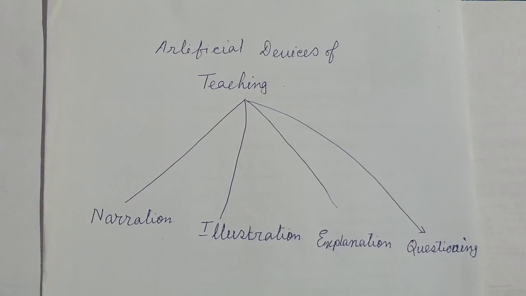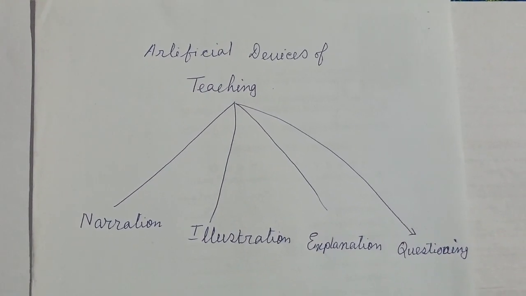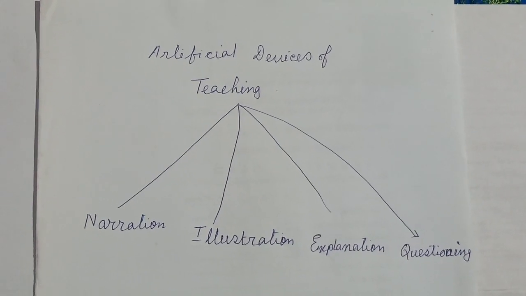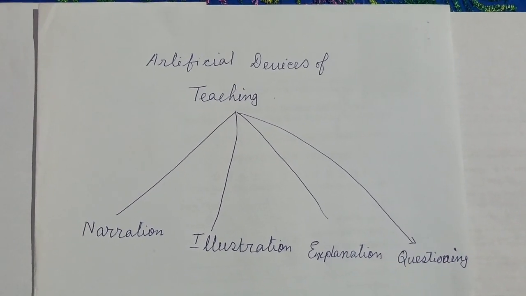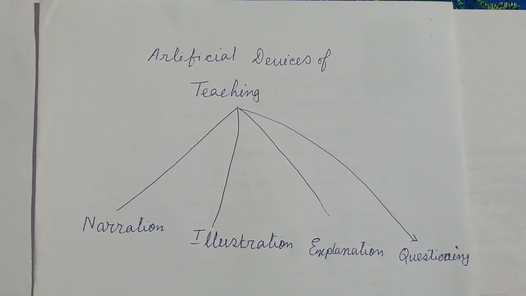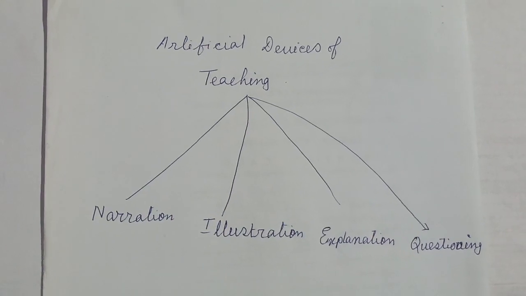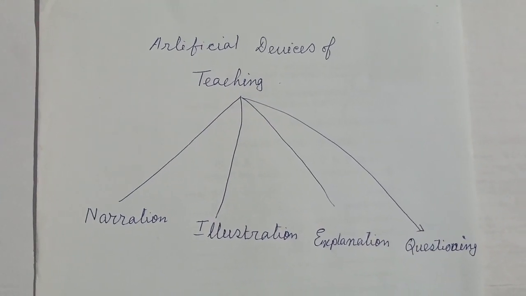In case of narration, we need not take any help of teaching aids. Illustration is also a kind of narration, but narration on the basis of certain teaching aids, as we have taken the example called map reading.